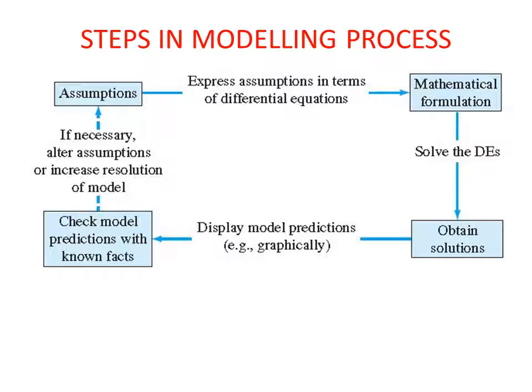But if the predictions produced by the solution are poor, we can either increase the level of resolution of the model or make alternative assumptions about the mechanism for change in the system. So these are the essential 4 steps by which we can develop a model, and in this way we modify the model to get the accurate answer to our problem.